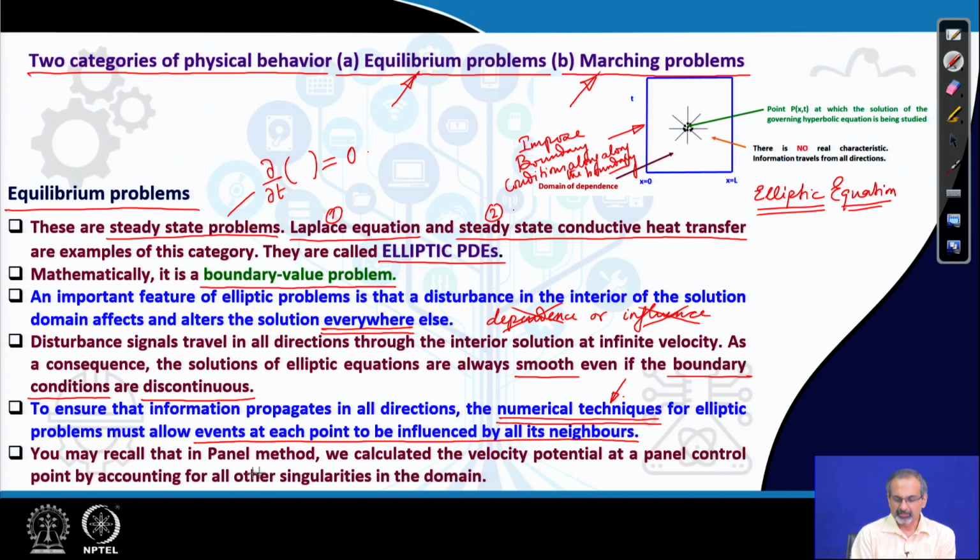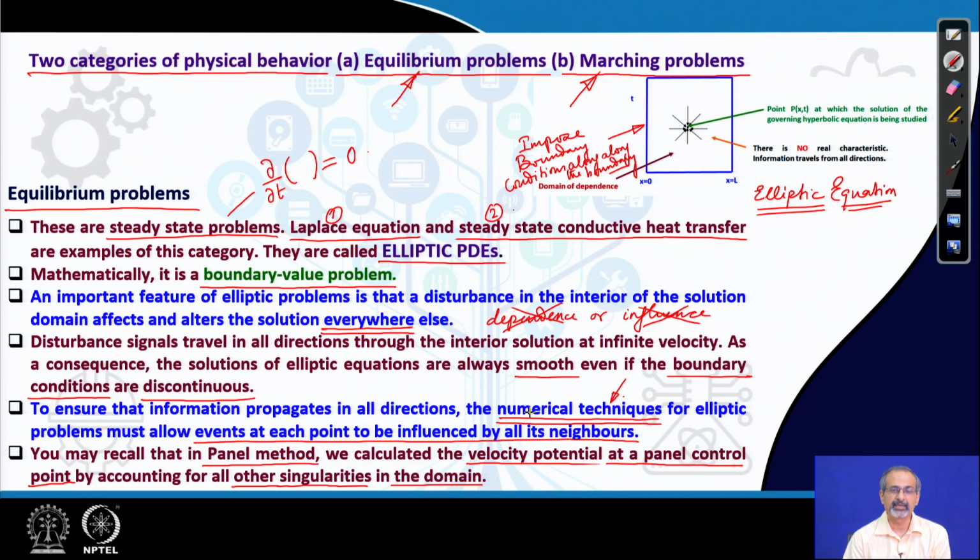Just to cite an example, earlier when we were discussing the panel method, we calculated the velocity potential at a panel control point. While we did it, we accounted for the effect of all other singularities in the domain. That means influence is coming from all corners of the domain.